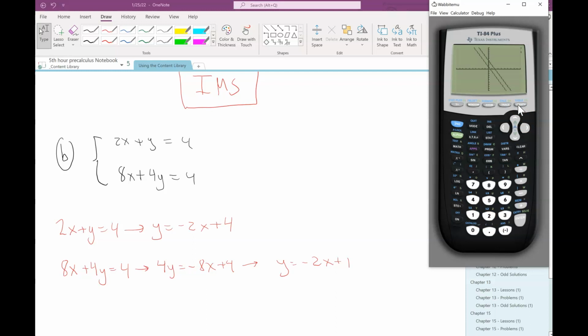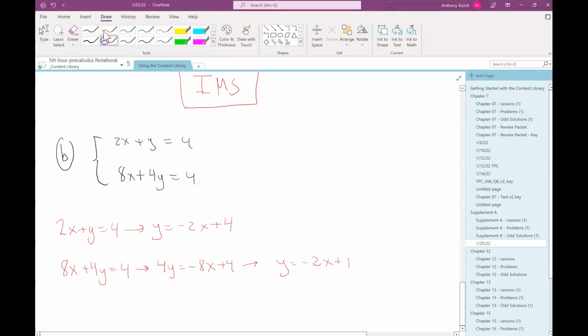So when I look at these two, what do we see? I see parallel lines, right? Which tells me what? No solution. Now, did I have to go all the way to the graph to see that?